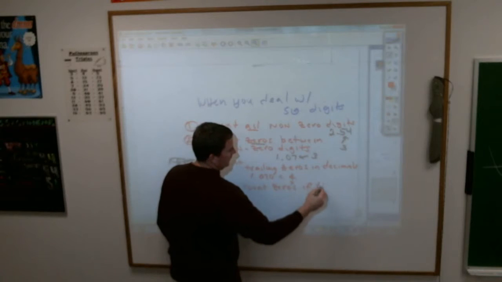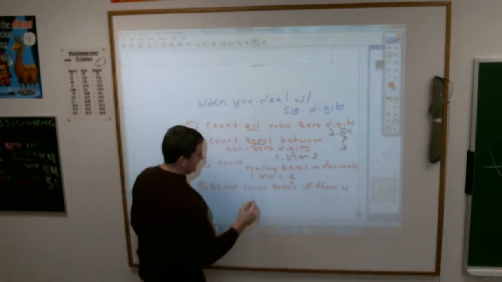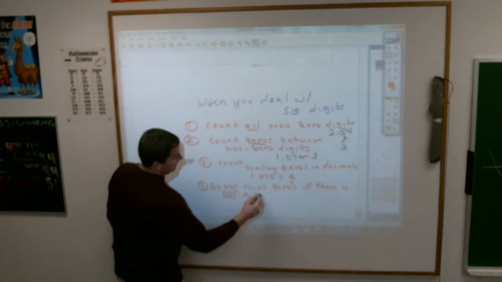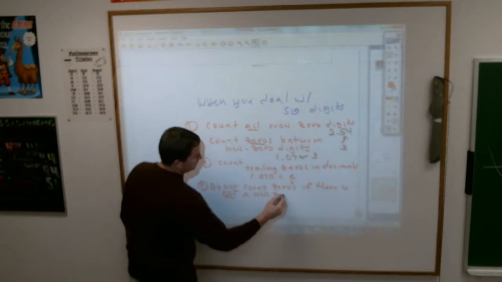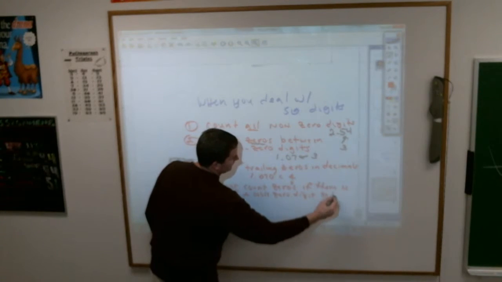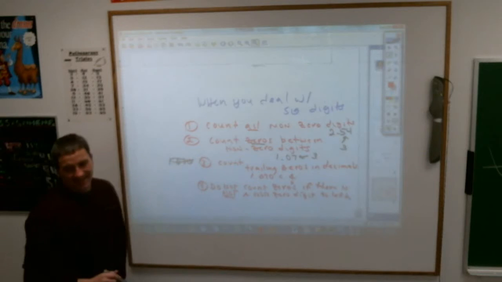You can tell zeros are going to be a problem here, aren't they? So, do not count zeros if there is not a non-zero digit to the left. Now by that it means this.